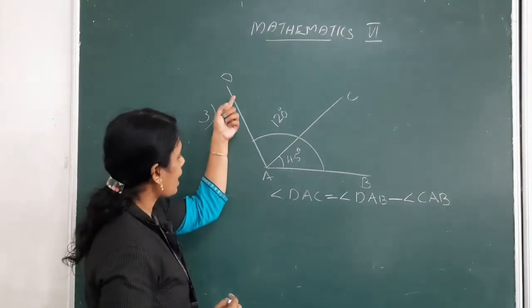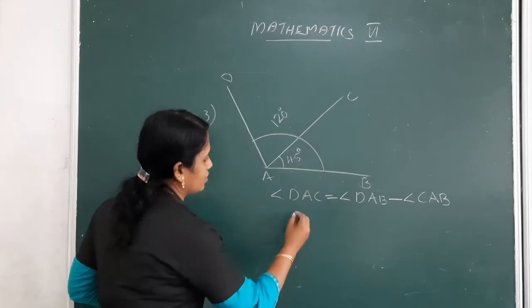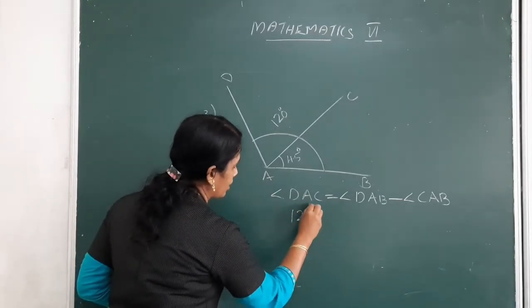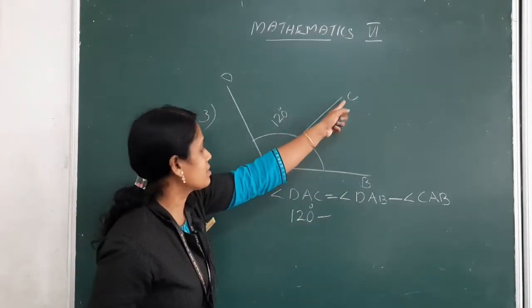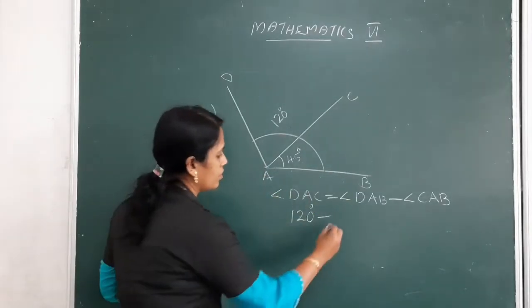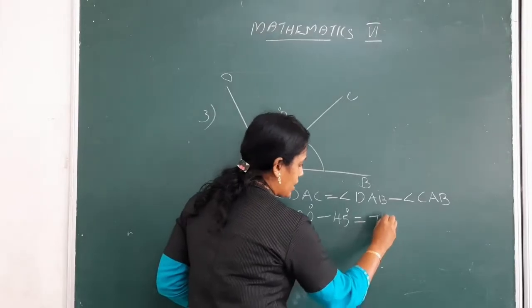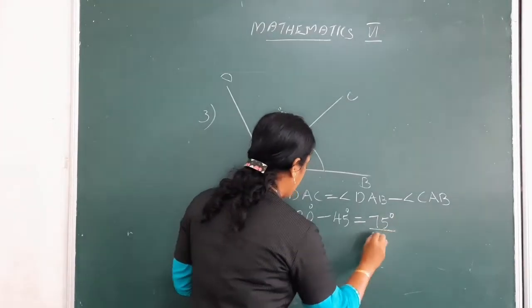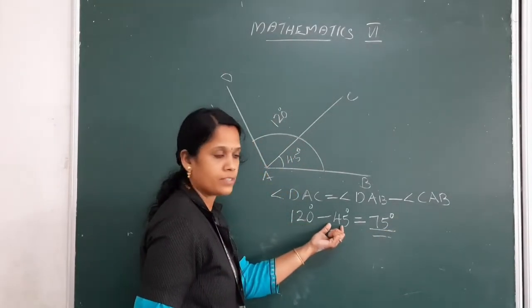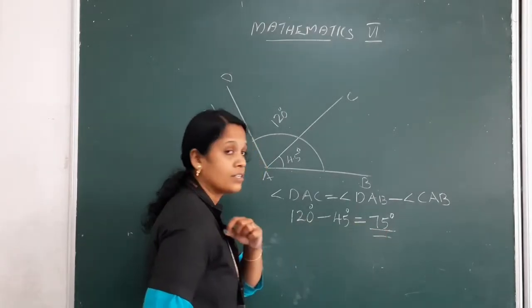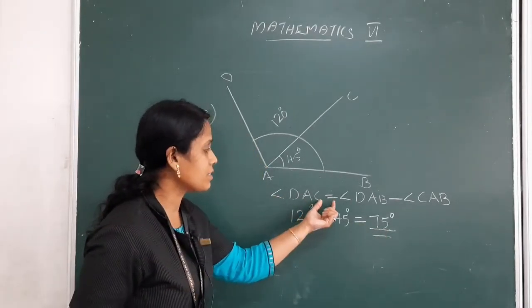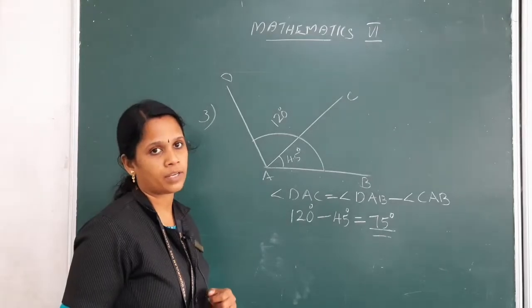Okay, so here angle DAB 120 degree minus angle CAB 45 degree is equal to 75 degree. 120 minus 45 is equal to 75 degree. So angle DAC is equal to 75 degree.